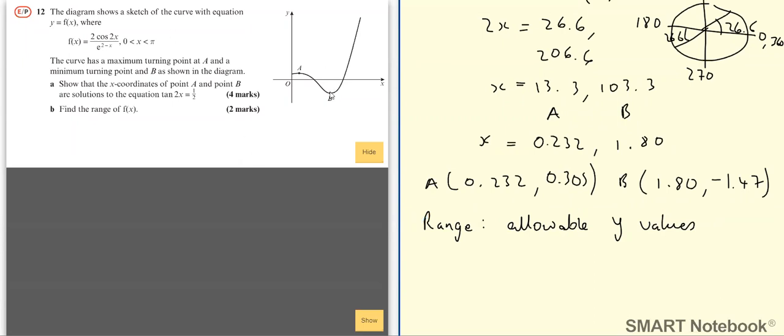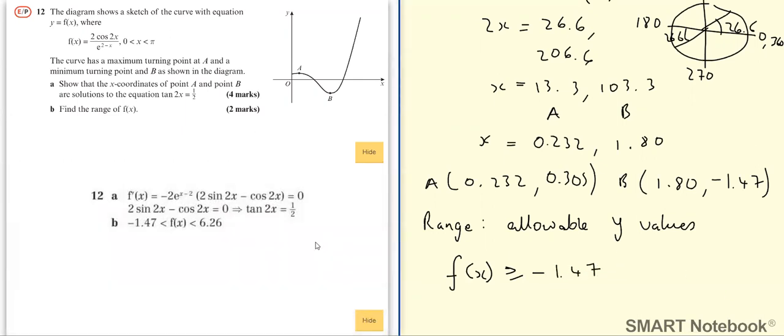Now, the lowest point is minus 1.47, but the highest point goes on forever here, doesn't it? We can see that there's no upper end. So what we can say is that f of x is greater than or equal to minus 1.47. That's what we should get.